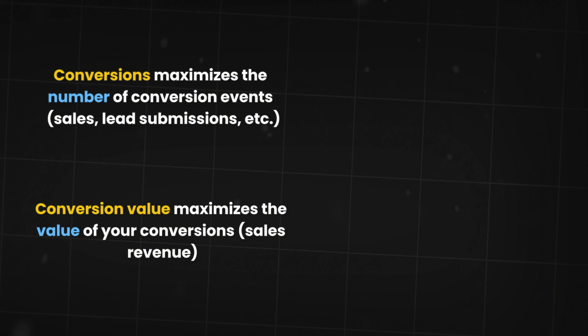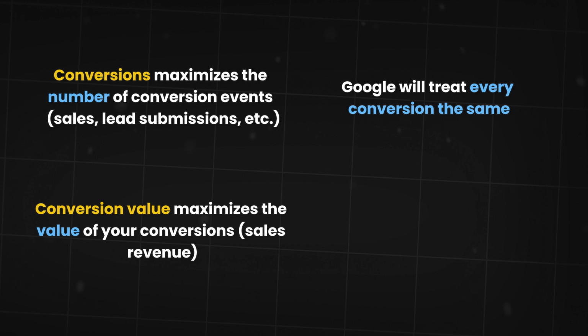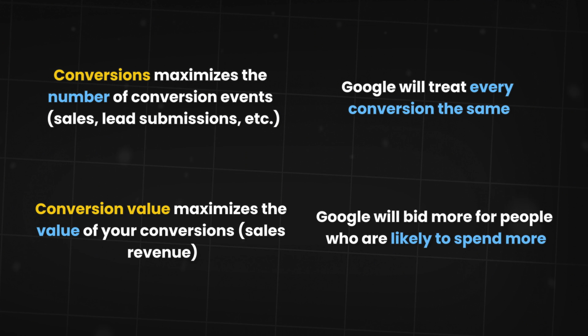Conversion value, as the name implies, means you want to maximize the value of your conversions, for example, your sales revenue. Under conversions, Google will treat every conversion the same, while with conversion value, Google will adjust its bidding to bid more for people who are likely to spend more.